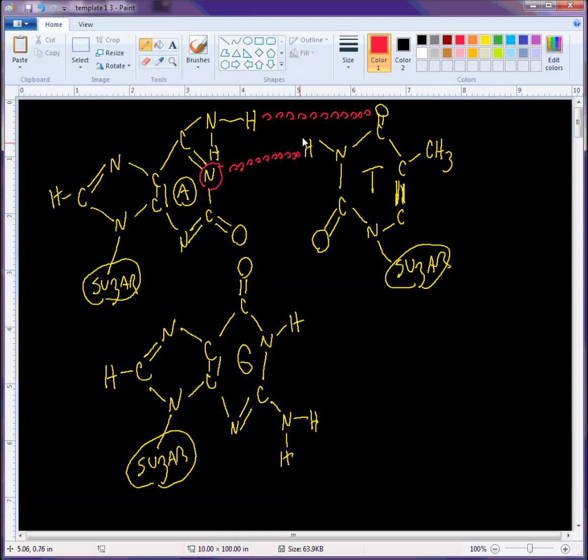So those are our two hydrogen bonds. It's not the neatest diagram, but at least we see that this nitrogen is hydrogen bonded to this hydrogen of that nitrogen, and this hydrogen up here is hydrogen bonded with this oxygen over here. Okay, let me check to make sure that's right. Yeah, looks good to me.